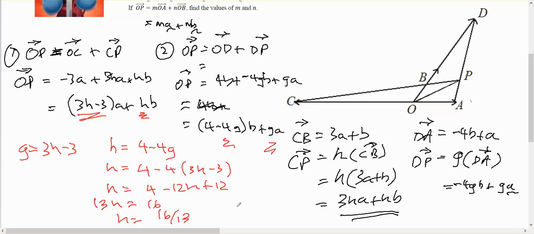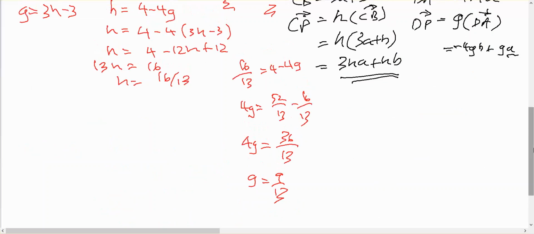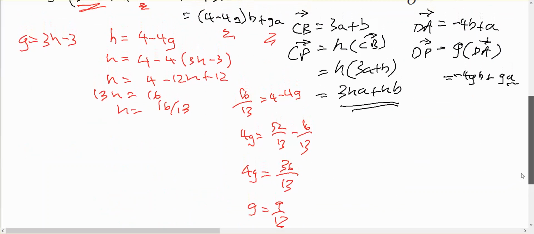Which means if 16 on 13 equals 4 minus 4G, then G is 9 on 13.